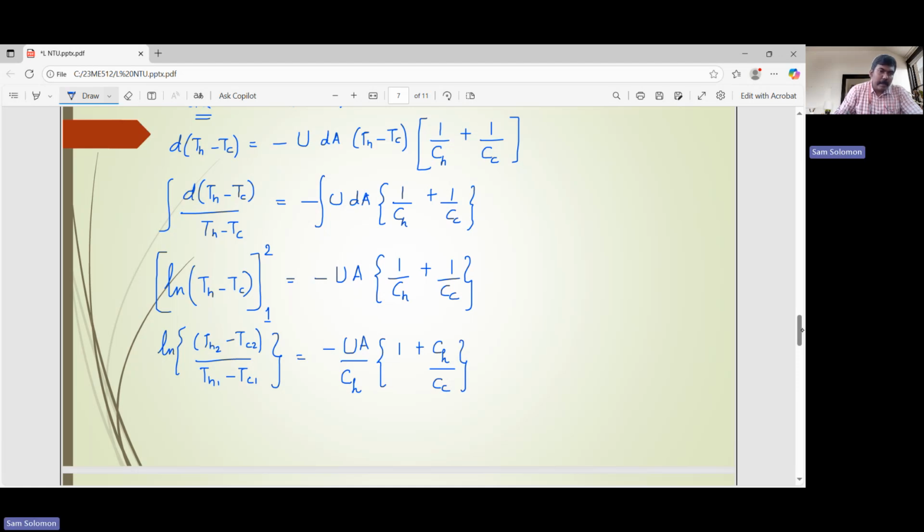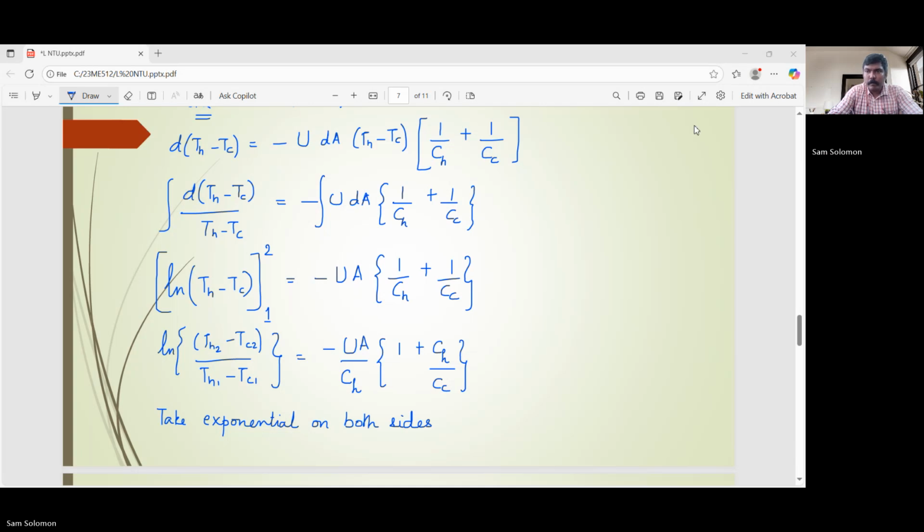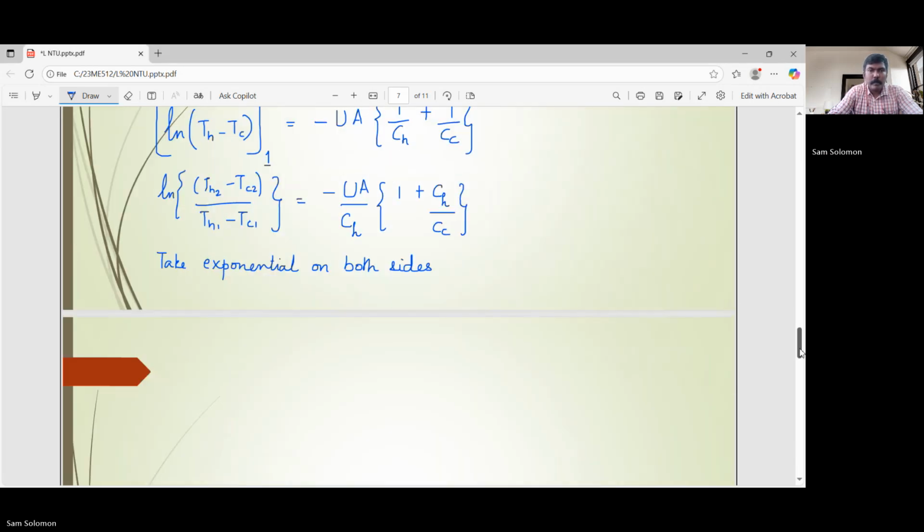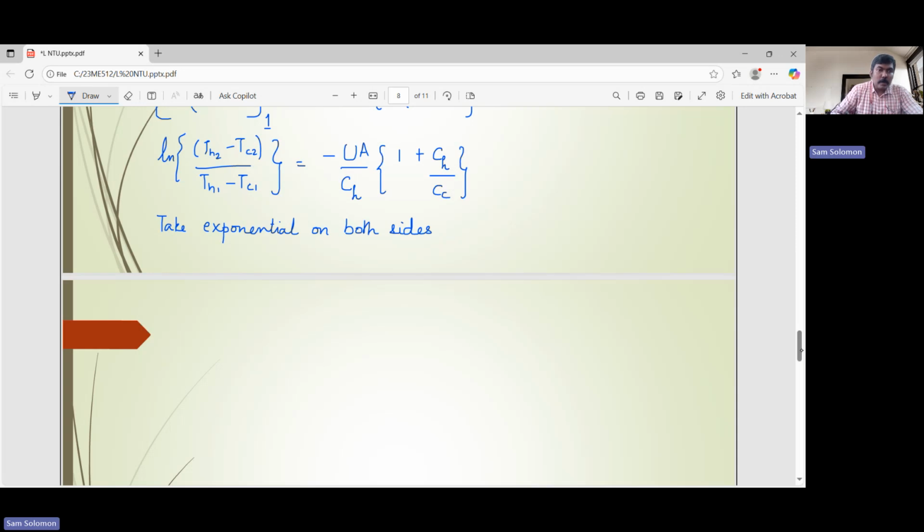And let me take exponential on both sides. So exponential along with the logarithmic term is going to give me simply (TH2 minus TC2) divided by (TH1 minus TC1).